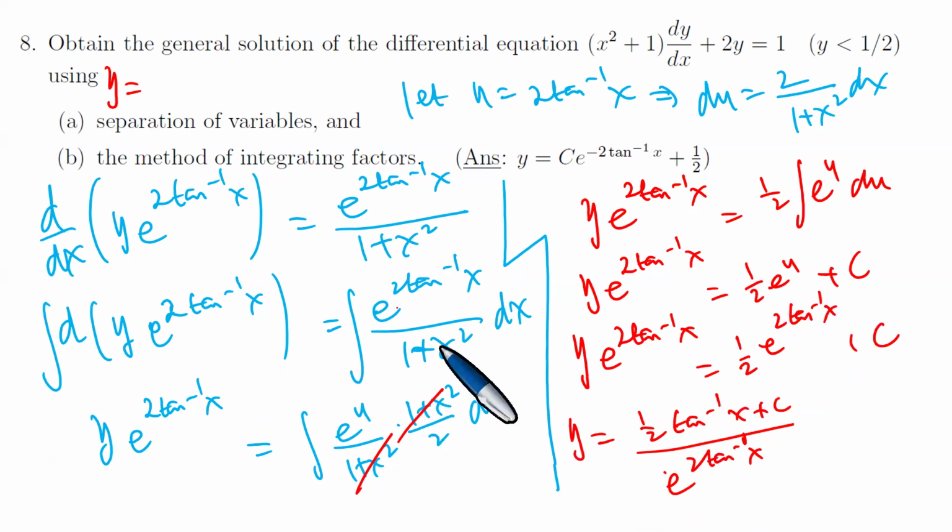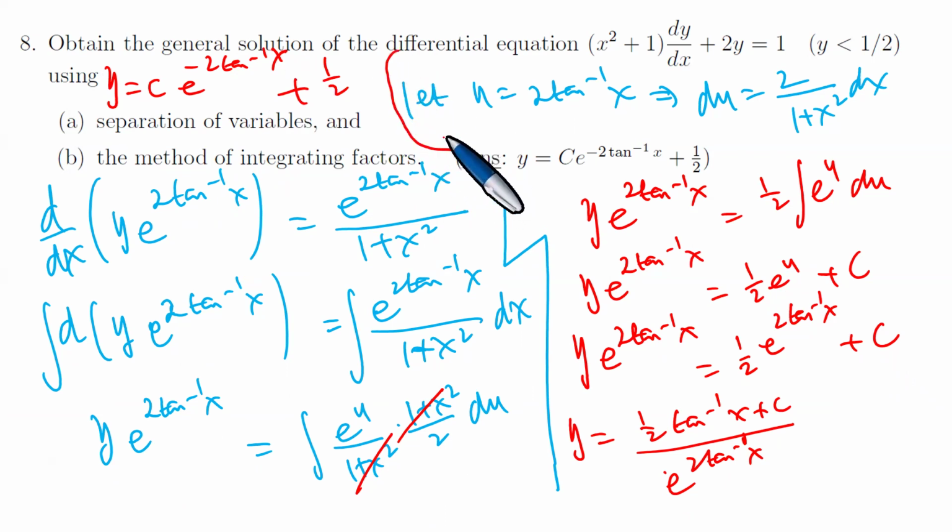So you divide, which is c e to the minus 2 arctan x plus 1/2, which is exactly the answer here.